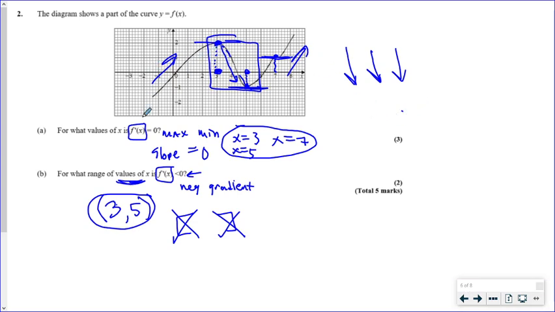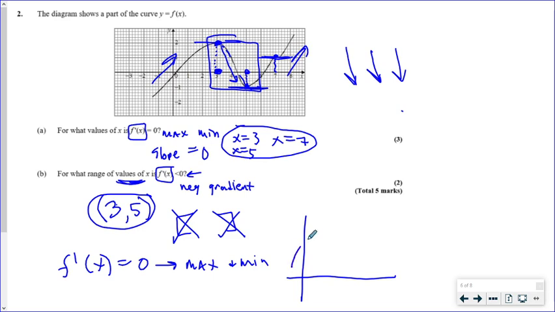All right, so over here in part A, what they're saying is this. It says, when is your derivative equal to 0? It's always equal to 0 when you have maximums and minimums. So if I have a graph that looks like this, we'll say this is f of x.